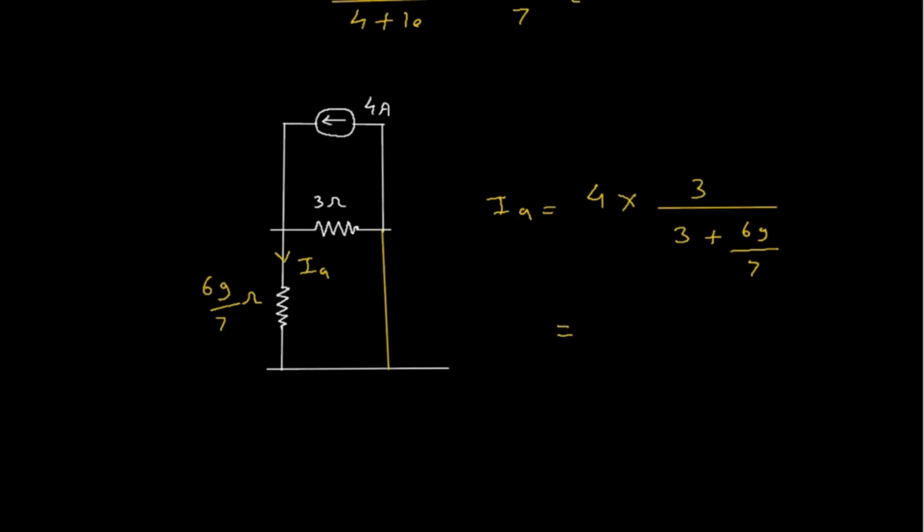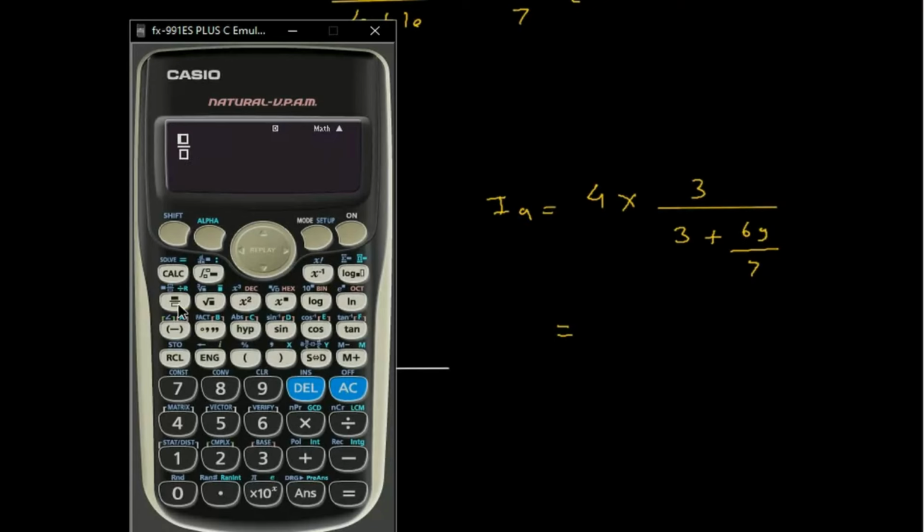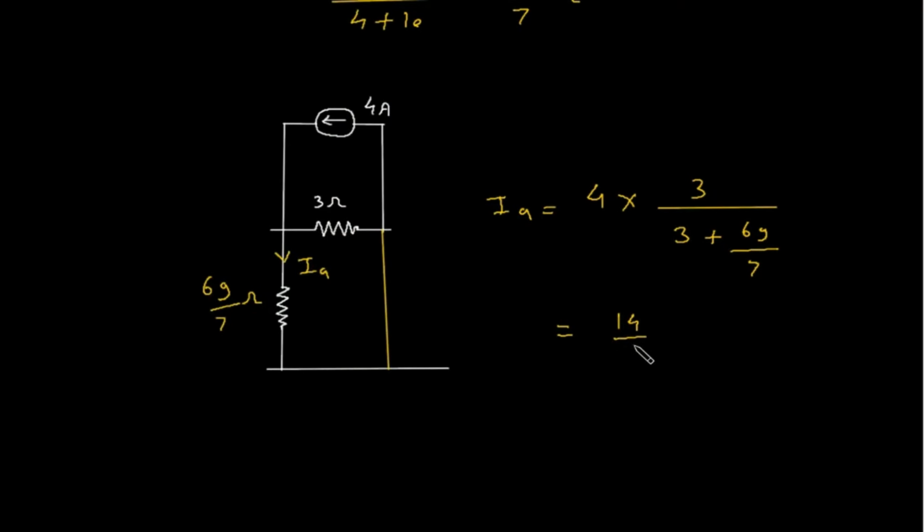So this will be 4 into 3 by 3 plus 69 by 7. So this will be 14 by 15 ampere. This is the value of IA.